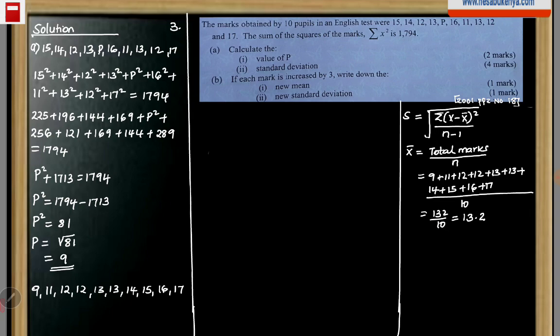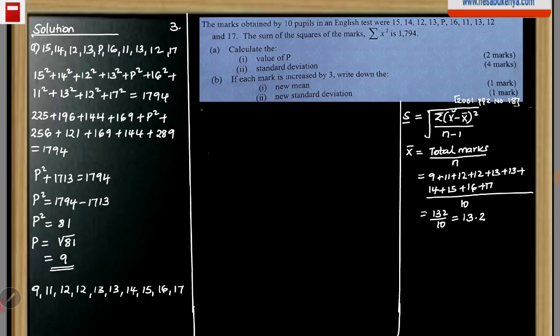So with that, we can now create a table that will help us calculate the standard deviation. From the formula for standard deviation, we need a column for x, a column for x minus mean, and a column for x minus mean squared.